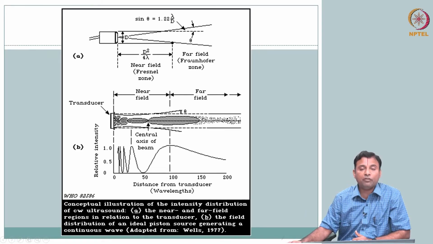So, here is an example of the pattern that you would see. You could see locations where there is high pressure, locations where there is low pressure, and even along the center line you have high-low fluctuations. Of course, after some distance it is a little smoother. This is along the direction of propagation, this is across.